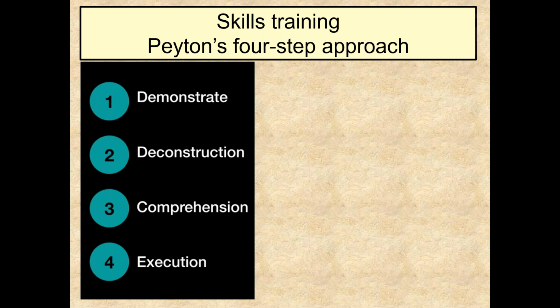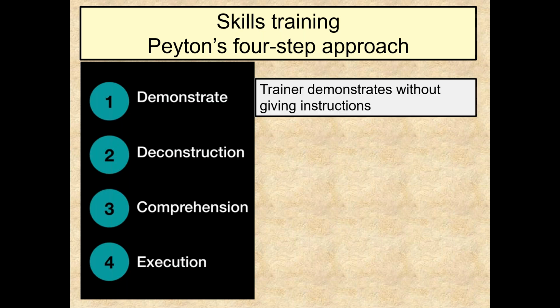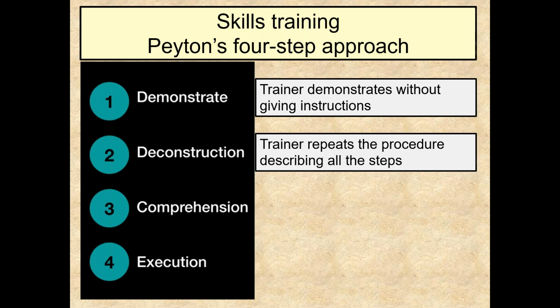So here, the first one is demonstrate. The trainer goes there, the trainees are watching, and the trainer just does how it is to be done without giving any instructions. In the second step, the trainer repeats the same procedure, and at the same time tells how you are going to go about this palpation.